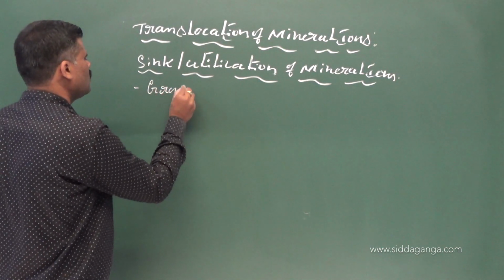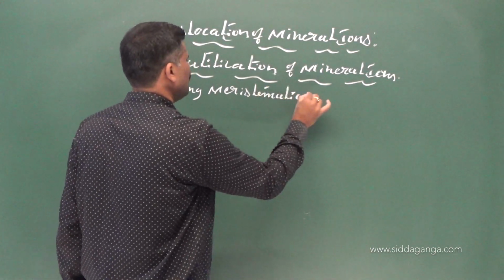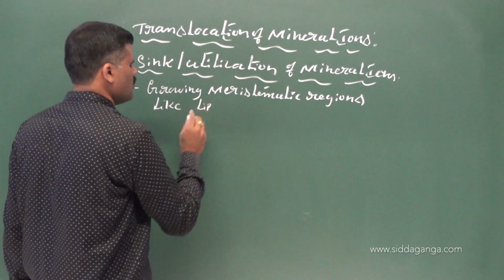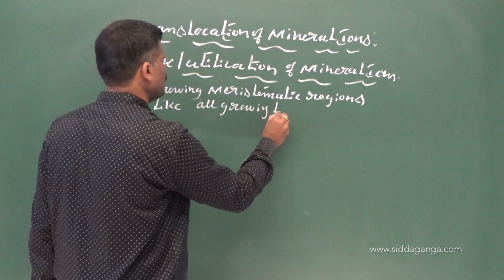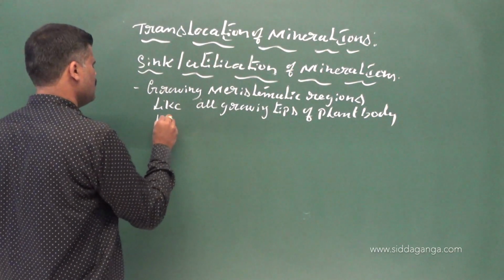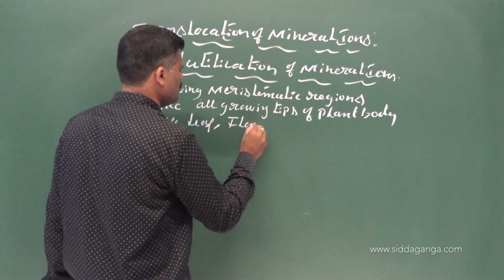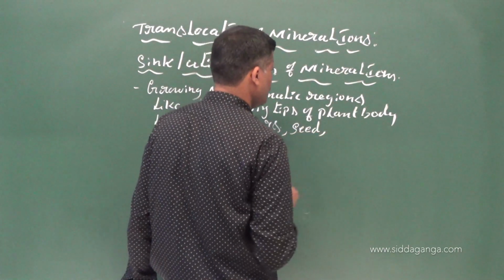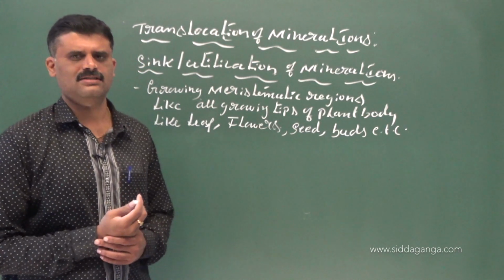Growing meristematic regions like tips, like all growing tips of plant body, like leaf, then flowers, seed, buds, etc. So minerals, they are mainly required for the growing cells, means growing meristematic cells.